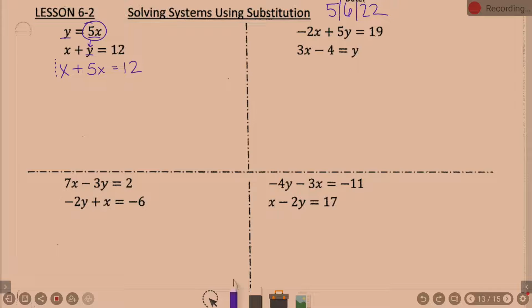So what is 1x plus 5x? 6x. If 6x equals 12, you divide by 6. 6 times x, you know what to do here, right? So we're going to divide by 6. 12 divided by 6 is 2. Not 12 minus 6, 12 divided by 6.